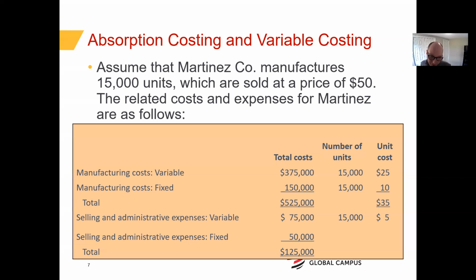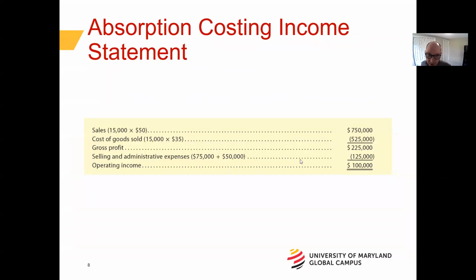Our total expense for selling administrative expenses is $125,000. So now that we know our data, let's take a look at this example from absorption costing and from variable costing, so we better understand the difference between the two. Okay, here we go.